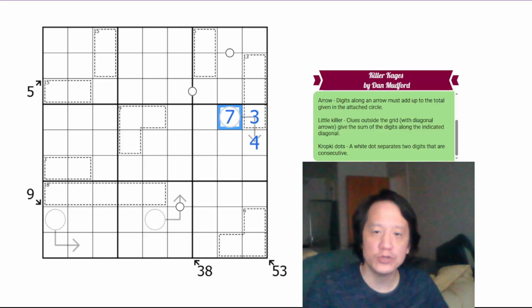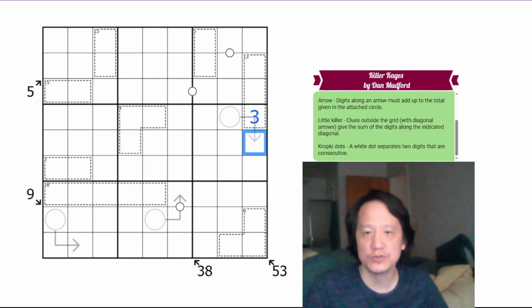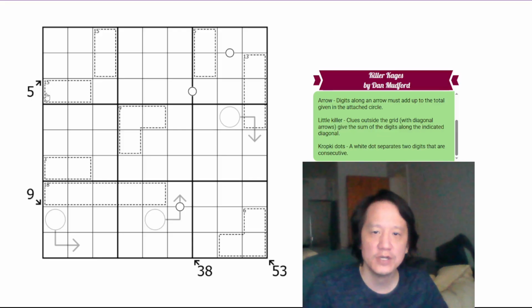Another rule is the little killer rules, where clues outside the grid with diagonal arrows give the sum of the digits along the indicated diagonal.